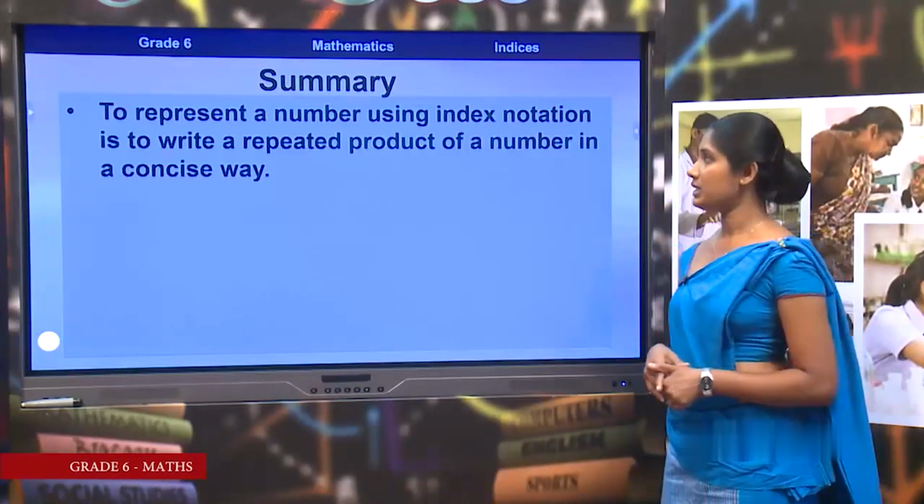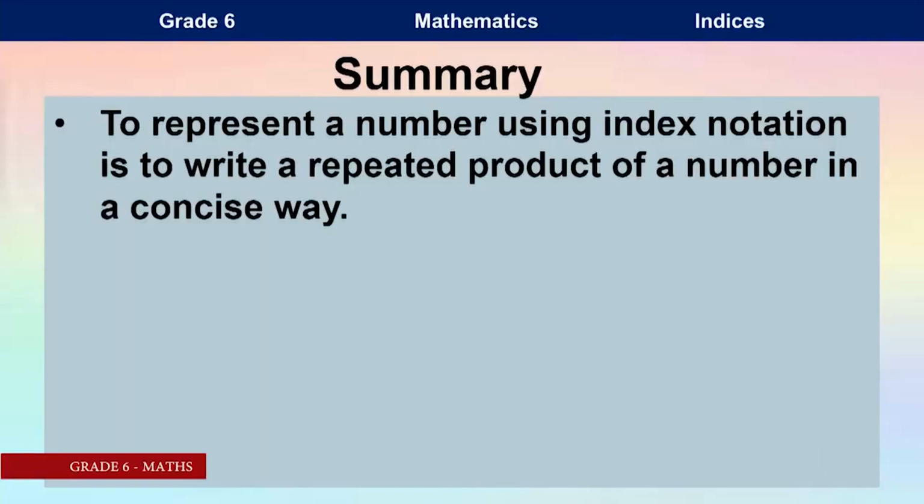To represent a number using index notation is to write a repeated product of a number in a concise way. Then when we consider index notation, we can concise products. So, now you know how to concise that. Then you can see an example here, that is the product of 2, which you can write as 2 to the power 5 by using index notation.